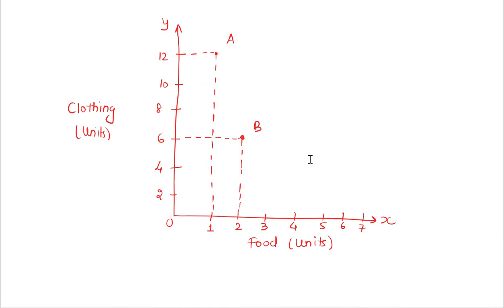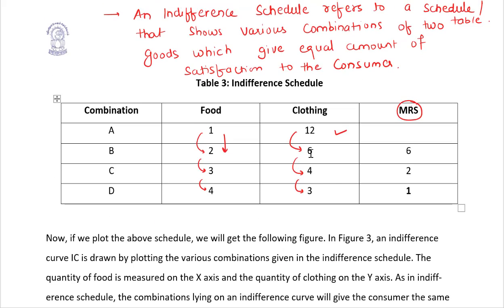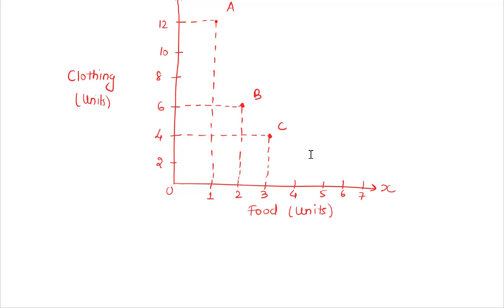So this is 3 and this is 4. This is combination C. And combination D is 4 and 3, so 4 units of food and 3 units of clothing.